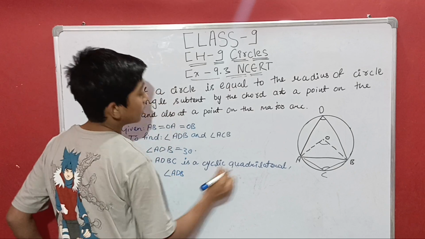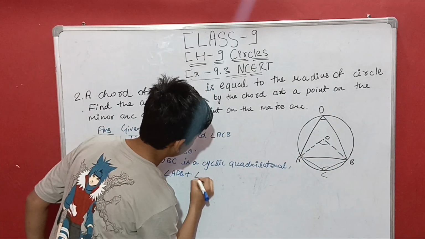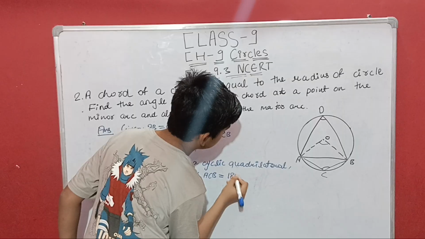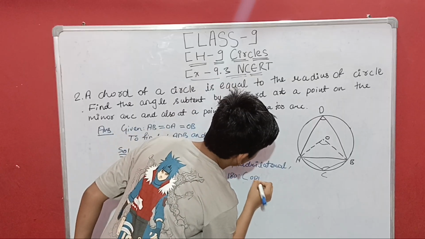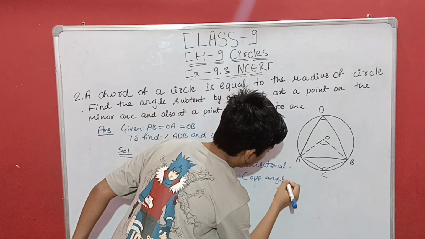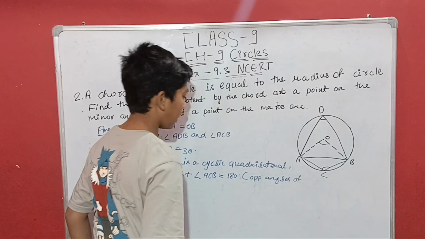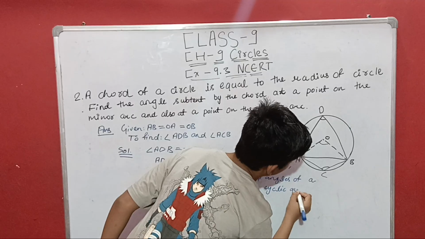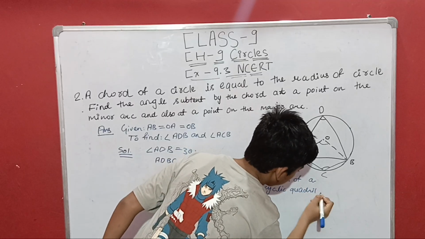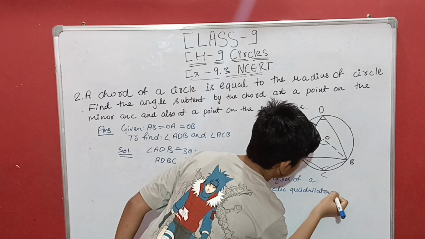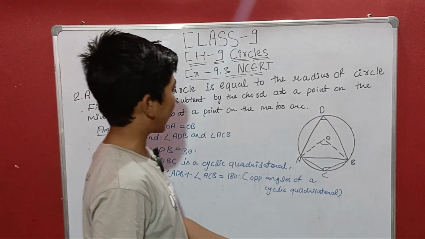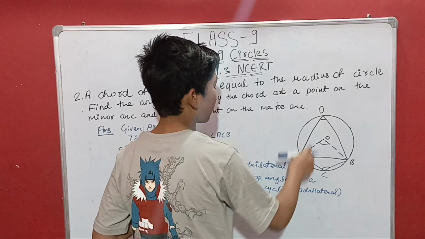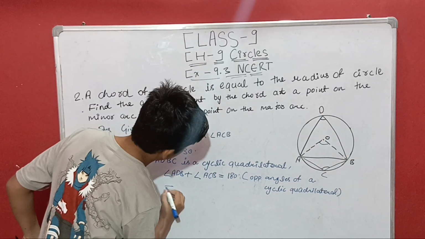Angle ADB plus angle ACB will be equal to 180 degrees because opposite angles of a cyclic quadrilateral sum up to 180 degrees. So this angle plus the opposite of this angle, which is this angle, sum up to 180 degrees.